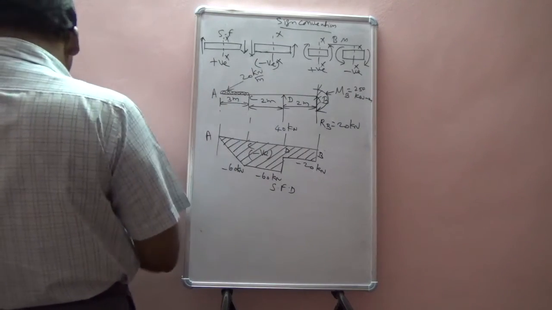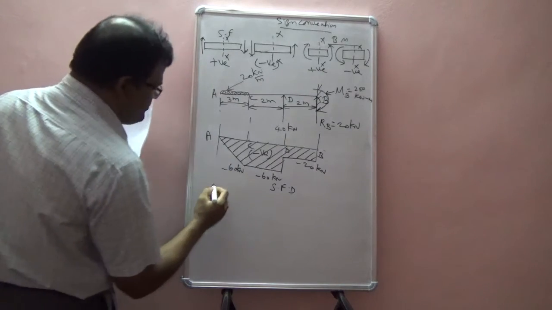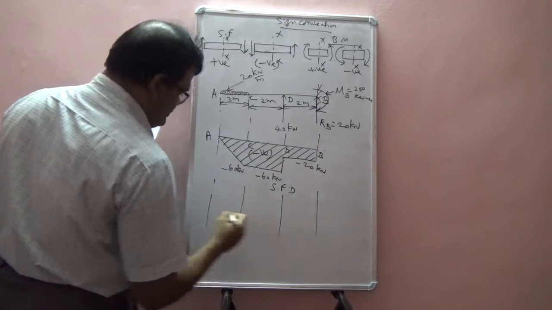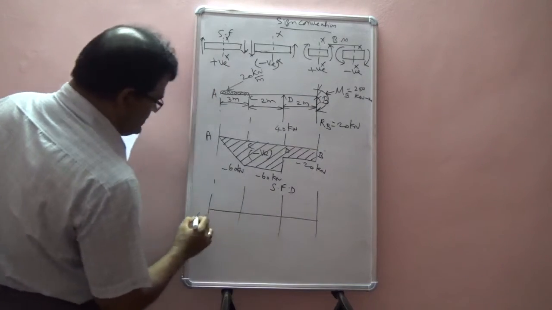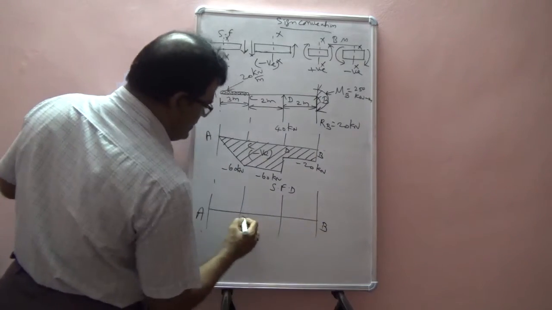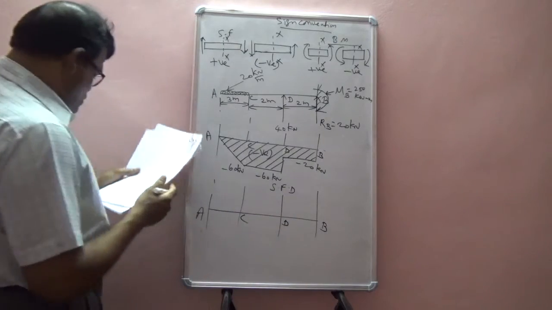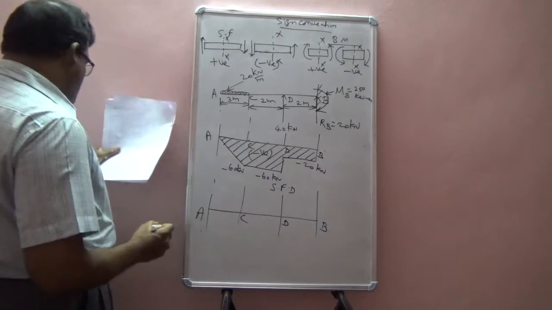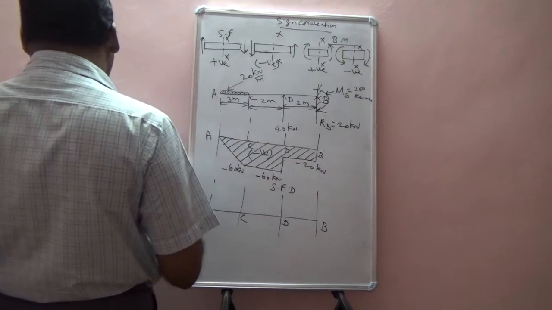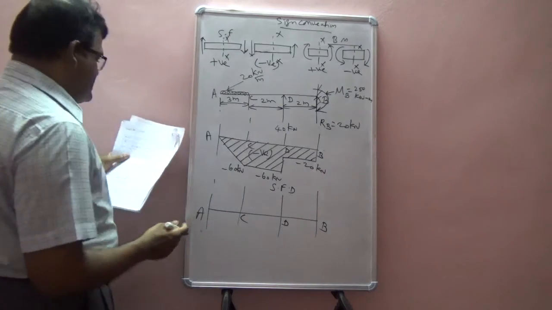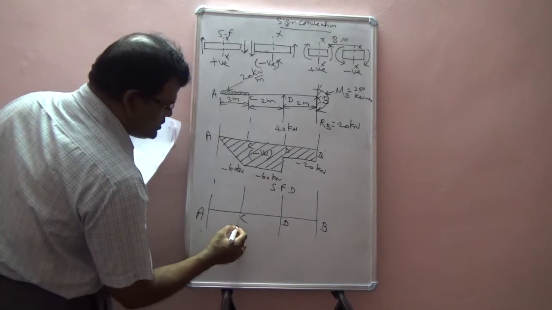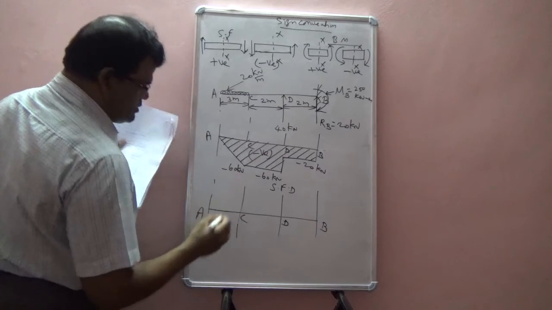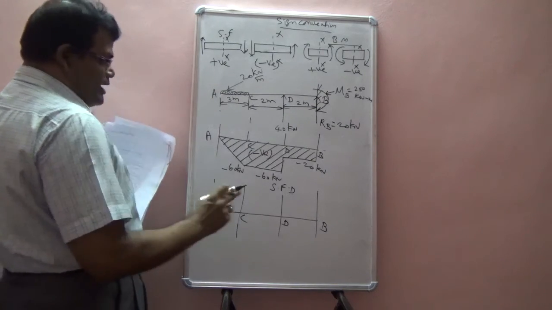Okay. So now we draw the bending moment diagram. Again project all these points. So this is the baseline, this is A, this is B, this is C, this is D. So bending moment at A is 0. Bending moment at D is minus 90 kilonewton meter.